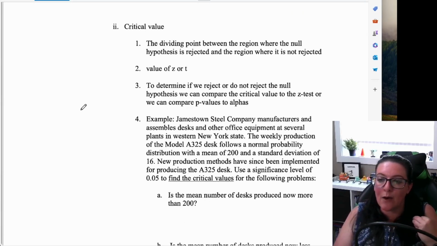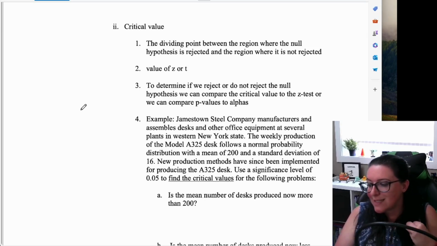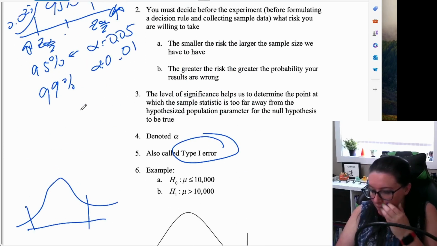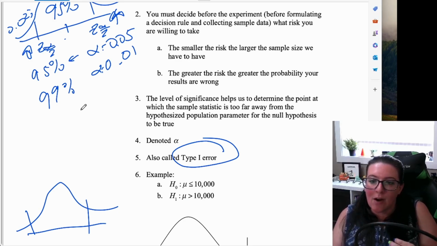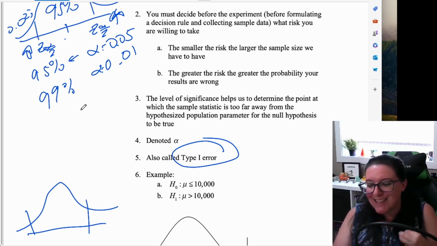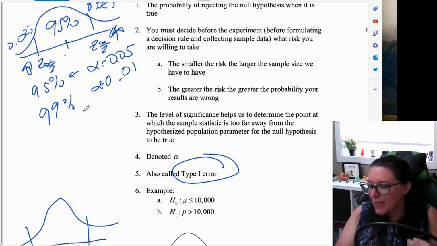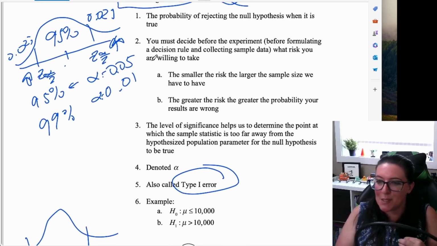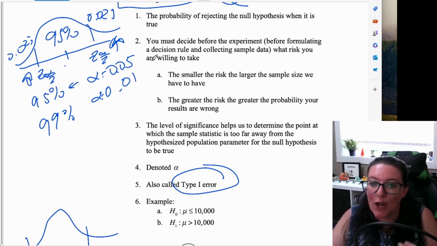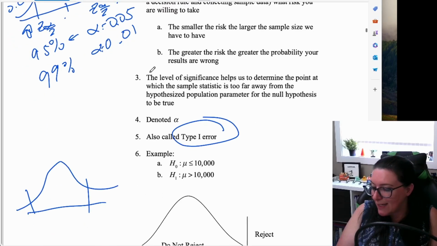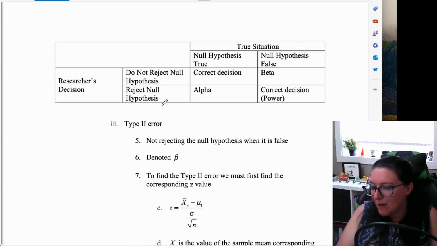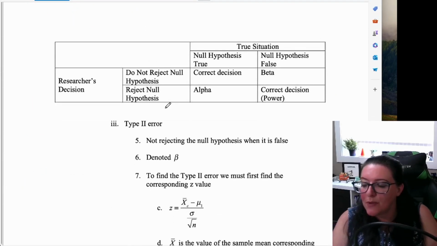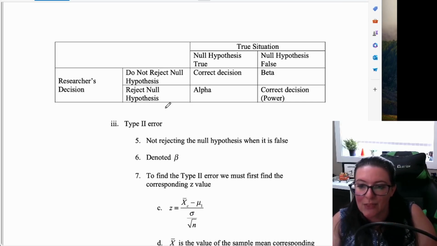We talked about alpha as the type 1 error. So just go back here, type 1 error. But there are other types of errors besides type 1 error. So type 1 error, or alpha, is the probability of rejecting the null hypothesis when it is true. But we also have beta, which is the probability of not rejecting the null hypothesis when it is false.